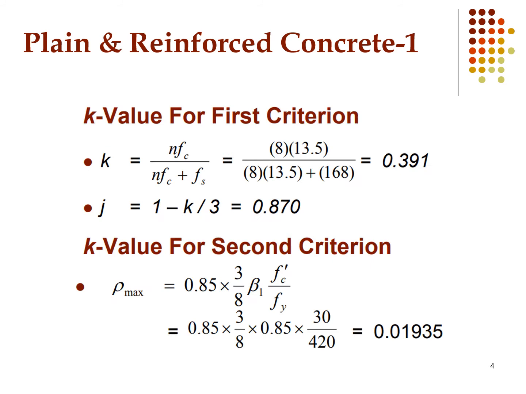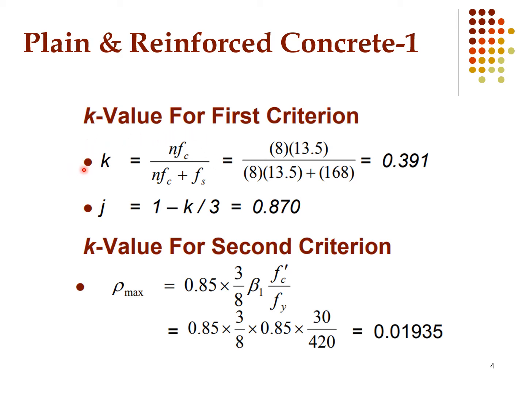Now we need to get the values of k and j. k is equal to n fc divided by n fc plus fs. How do we get that formula? I will let you know later on, but just remember that this is the formula for calculating k. There is another formula for calculating k, but first we will calculate k using this formula.